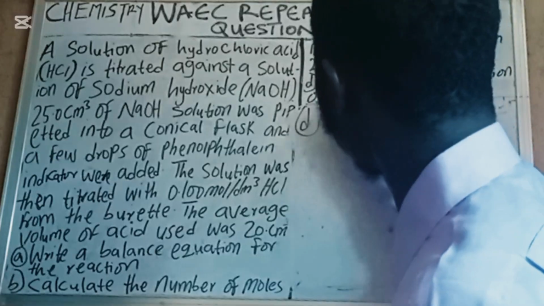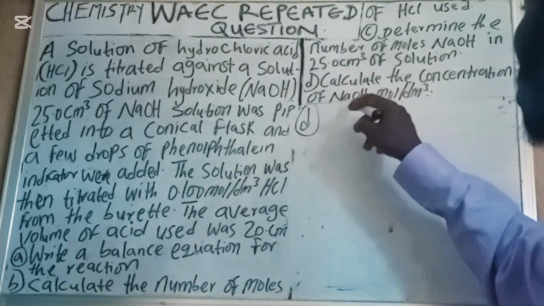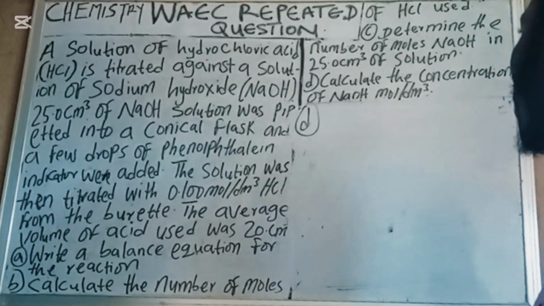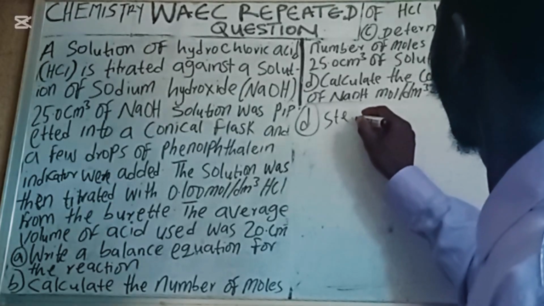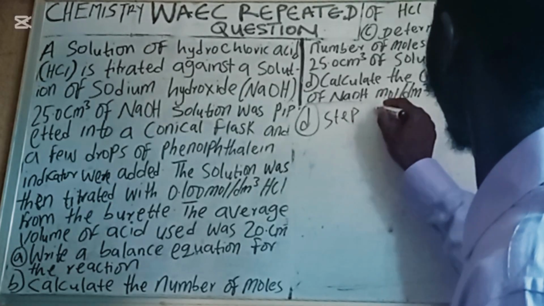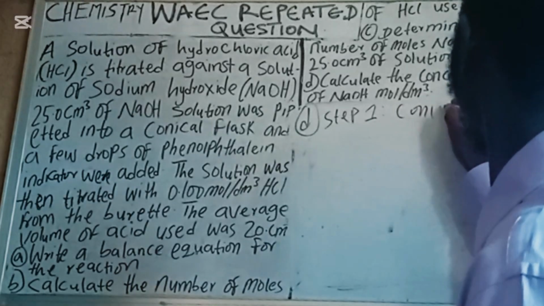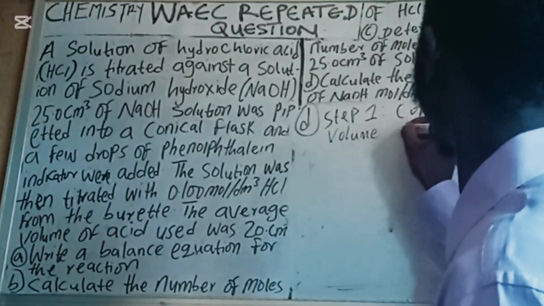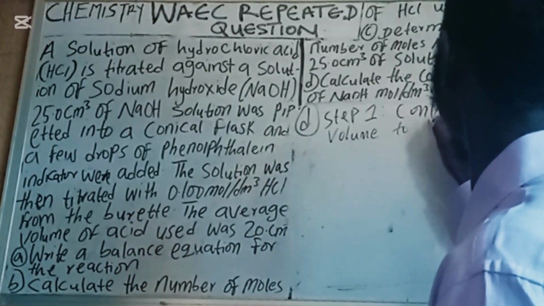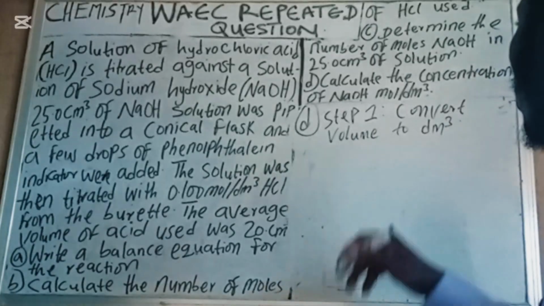Question D. Calculate the concentration of sodium hydroxide in mol per dm³. Step 1: convert volume to dm³.